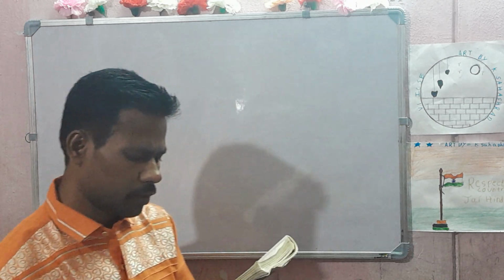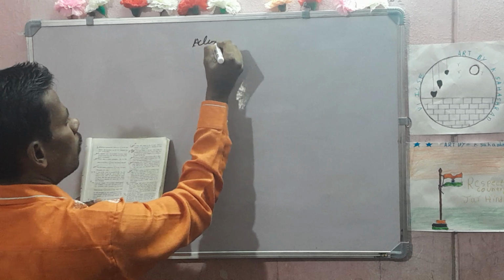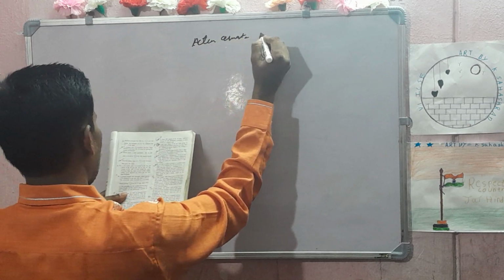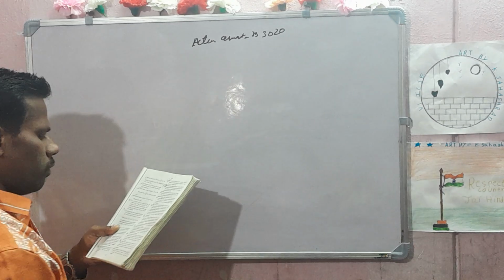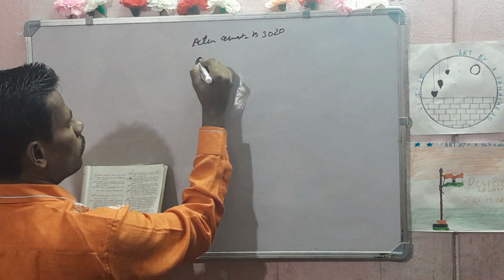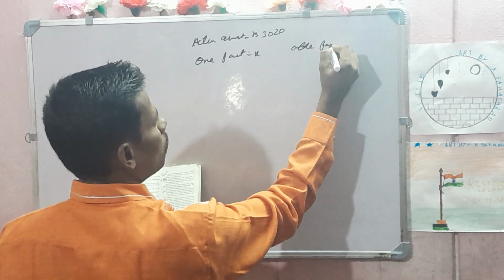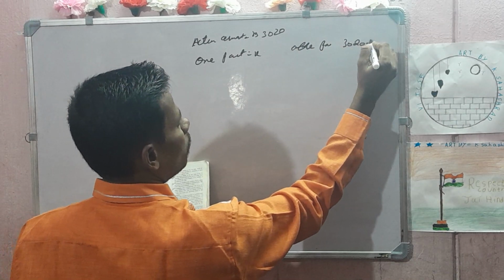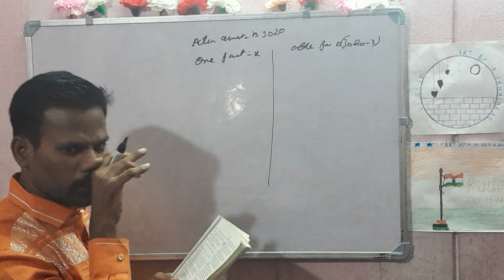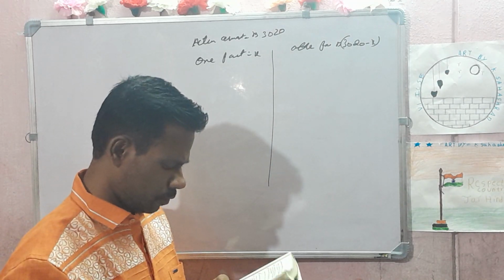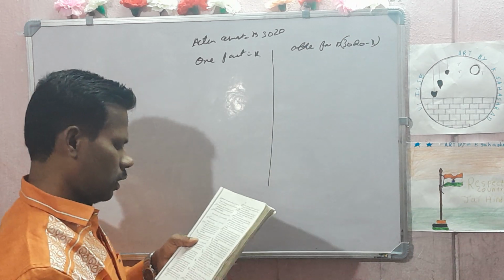So a part of 3020 is invested. What is the actual amount? Actual amount is 3020, right? So let one part be X, and the other part is equal to 3020 minus X. Again write down all the conditions.